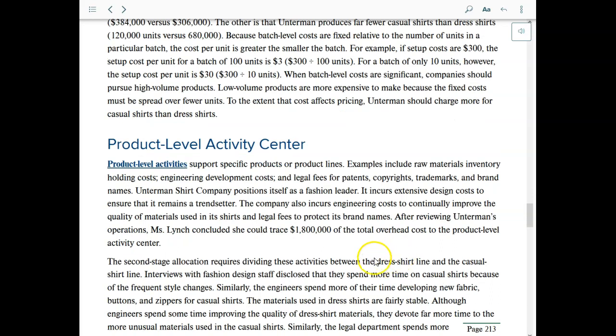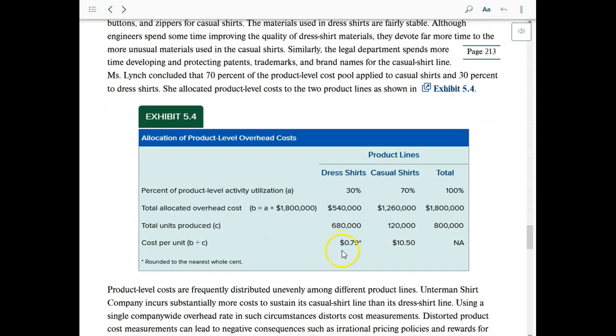Product level activity center. Patents, copyrights, trademarks, brand names, engineering costs, and so forth. The accountant said, all right, we should have $1,800,000 allocated for this activity. Now let's divide the $1,800,000 between the two different types of shirts. This will be divided based on a number that the accountant came up with.